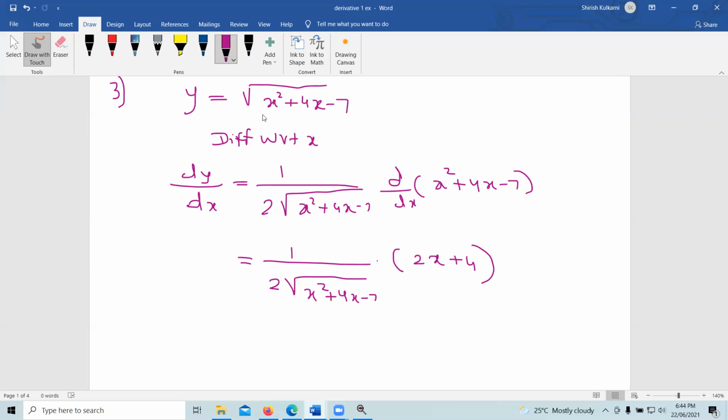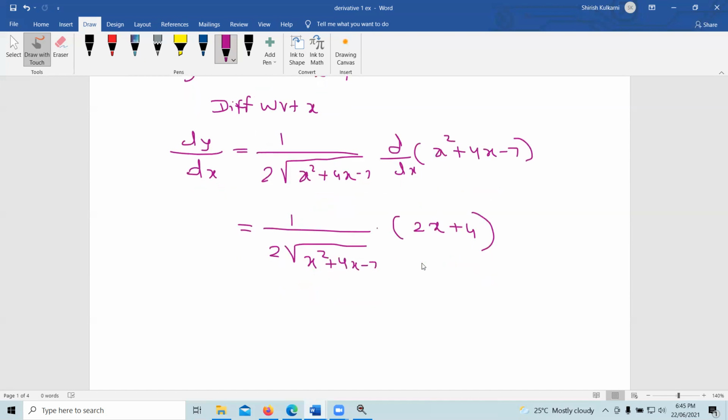Look again: first take the derivative of root f of x, 1/2 root f of x. Then take the derivative of that function d by dx of x square plus 4x minus 7. What is the derivative of x square? 2x, since x raised to n gives n x raised to n minus 1. Then 4 constant outside, derivative of x is 1, so the answer is 2x plus 4.